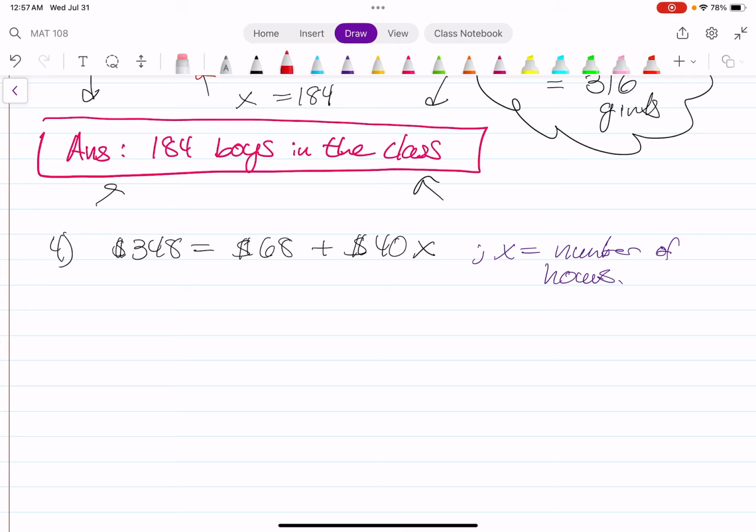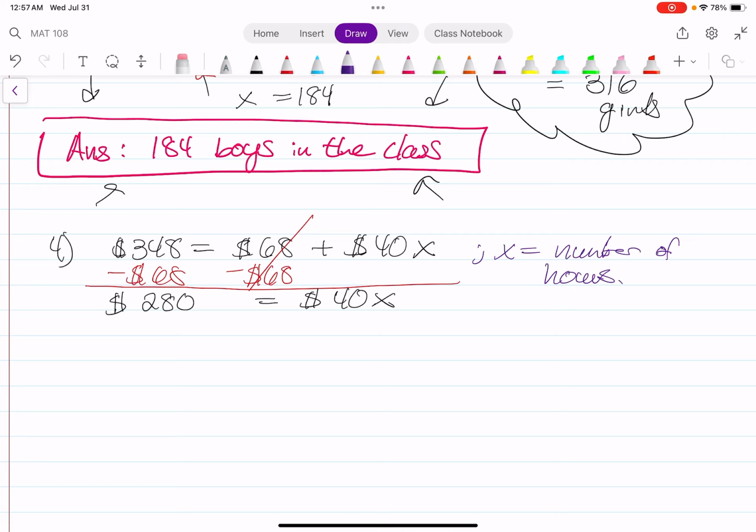So to get x by itself, I first want to subtract both sides by $68. These cancel out. So that's going to be $280 equals $40x. And the inverse of multiplying by 40 is to divide both sides by 40.